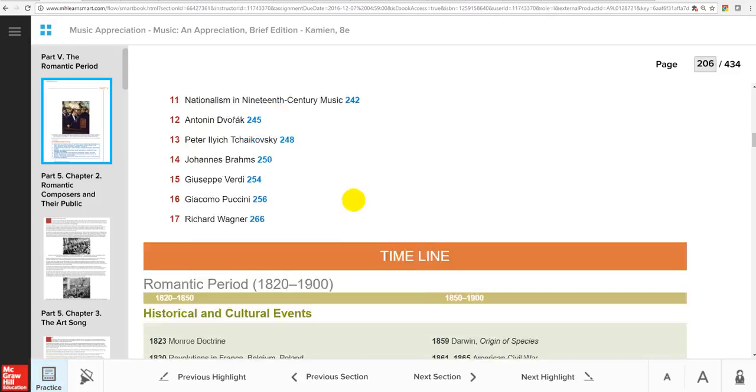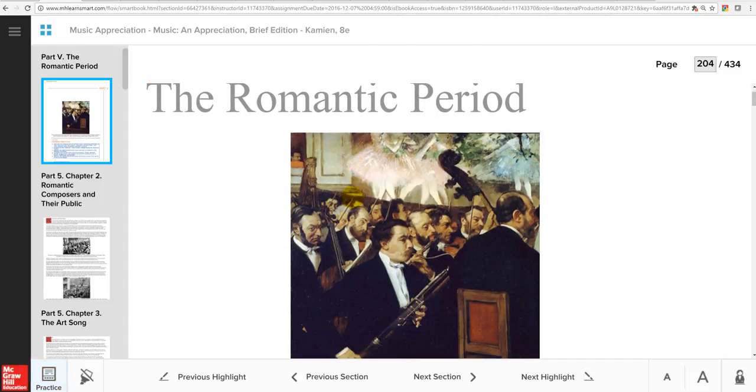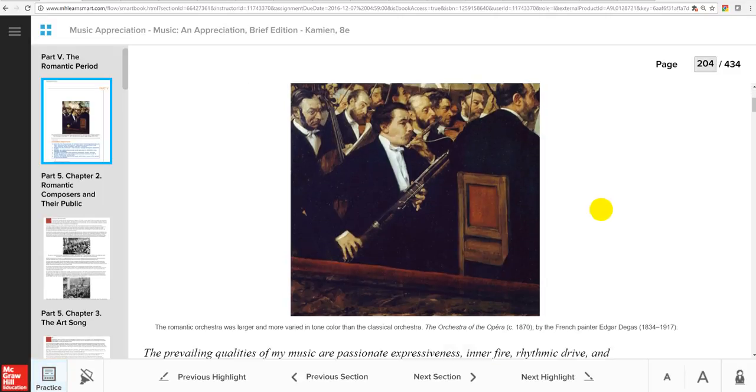Now, you may find other textbooks, some encyclopedias, things like that, may actually have slightly different dates, but usually most agree that once you enter into the 20th century, especially by the second decade of the 20th century, things are radically changing.